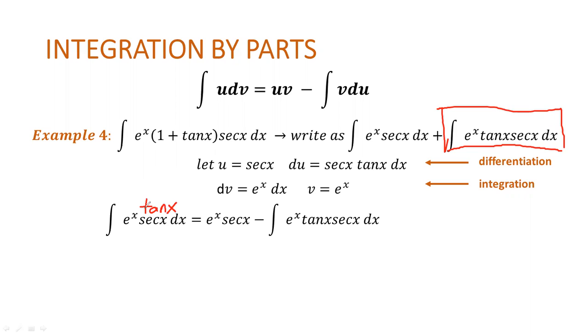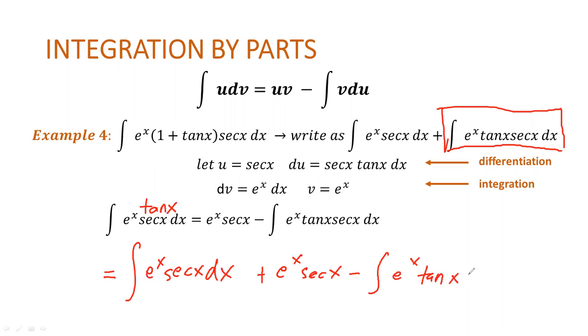Now look, if this is the integral in which we perform the integration by parts, the original integral, which I will not copy anymore, will be equal to the integral of e raised to x secant of x dx plus this. So plus e raised to x secant of x minus the integral of e raised to x tangent of x secant of x dx.